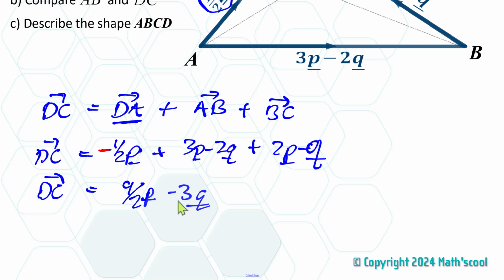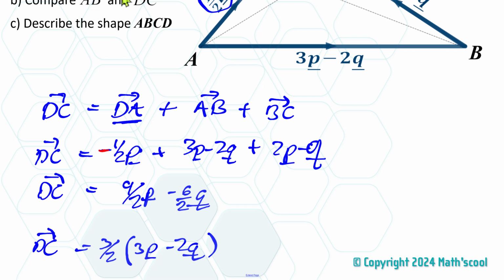So common denominator means I'm going to rewrite that as 6 over 2, rewrite that as 6 over 2, and rewrite that as 6 over 2. And then factorize out the 3 over 2, because 3 goes into the tops, and the over 2 is obviously the same in both of them. And so that gives me 3 over 2 times (3P minus 2Q) is equal to D to C.